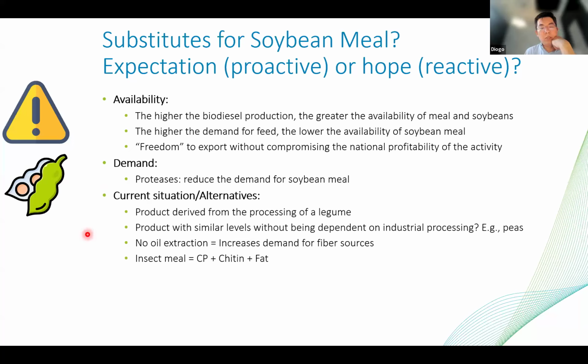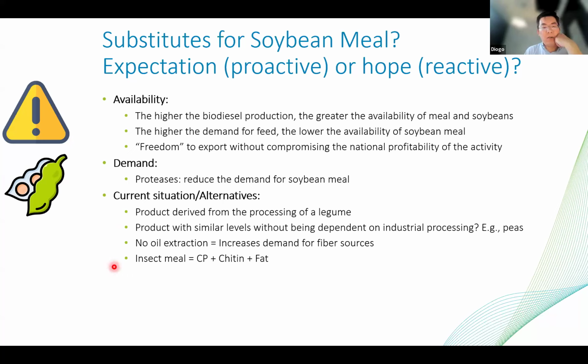As alternatives, we are looking for products derived from legumes like peas, or products with similar levels without being dependent on industrial processing. Because if we don't extract the oil, it will increase the demand for fiber, especially the insoluble ones.